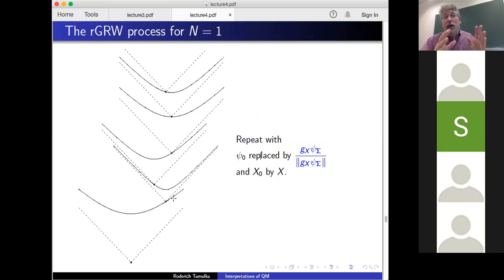I multiply my wave function with this Gaussian, so I get a collapsed wave function. Then I use this wave function for the next step of the collapse. Okay, so this is a completely relativistic procedure. I've used light cones and hyperboloids. These are the surfaces that are completely relativistic. No choice of space-like surfaces involved.